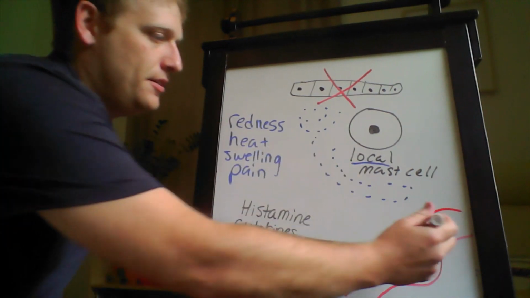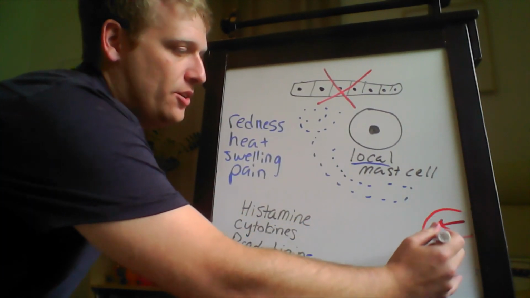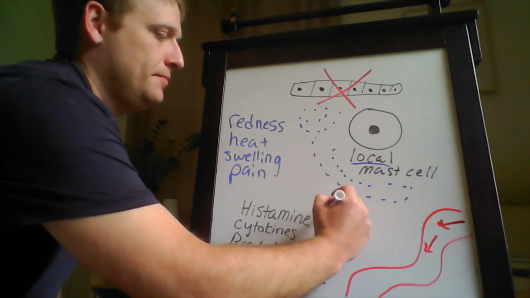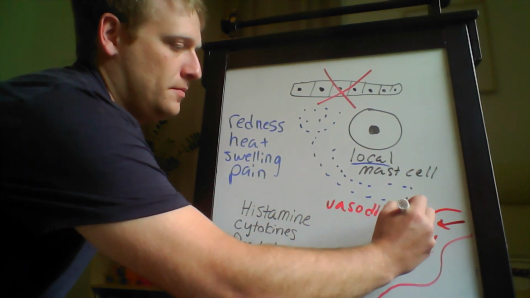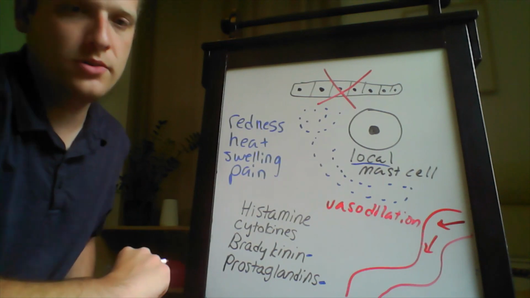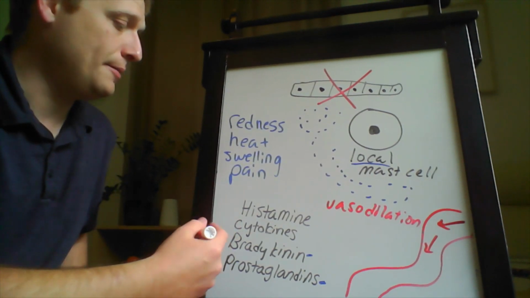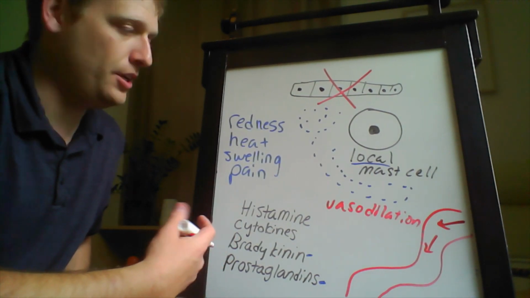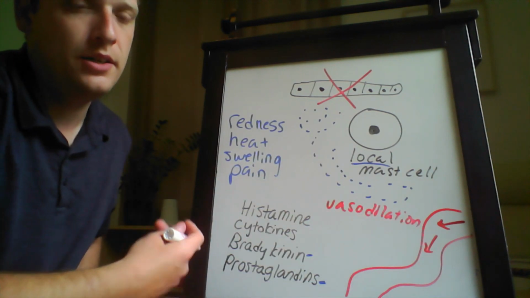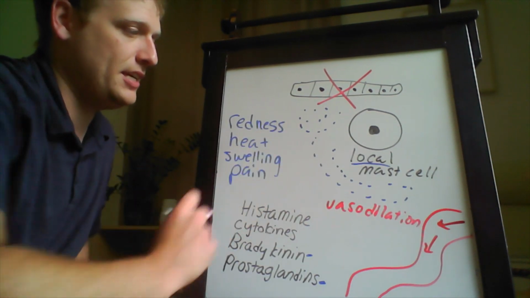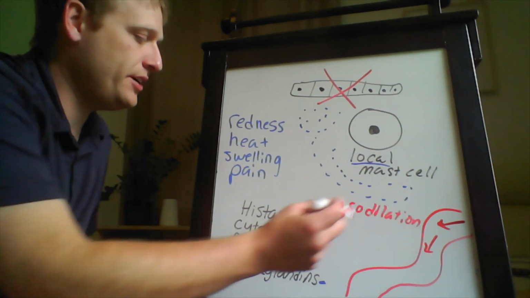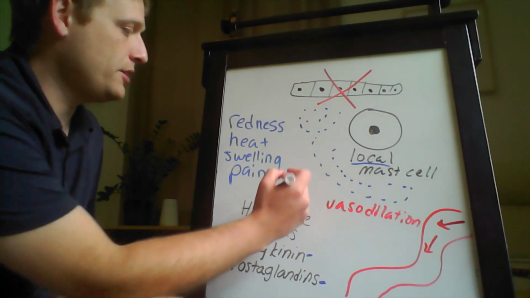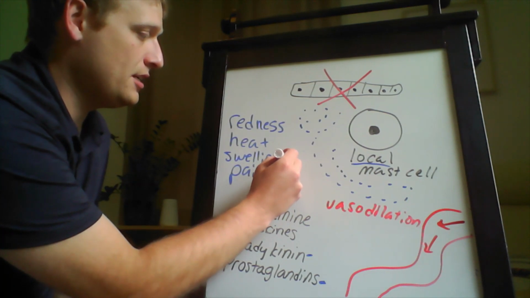So you have vasodilation of arterioles, and that's going to promote increased blood flow through the capillaries that serve this tissue. So that vasodilation and increased blood flow is going to cause an increase in the swelling.